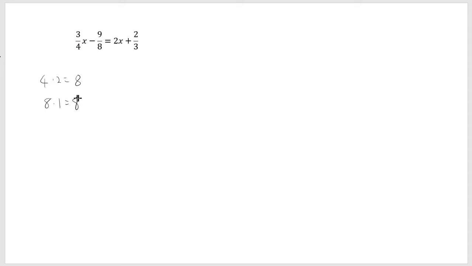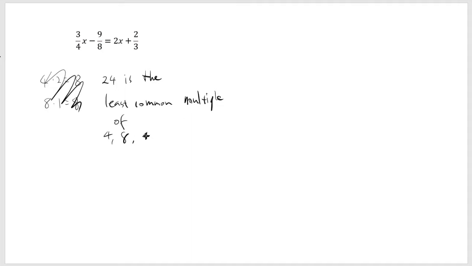Okay, so what I want to say is that 24 is the least common multiple of 4, 8, and 3.